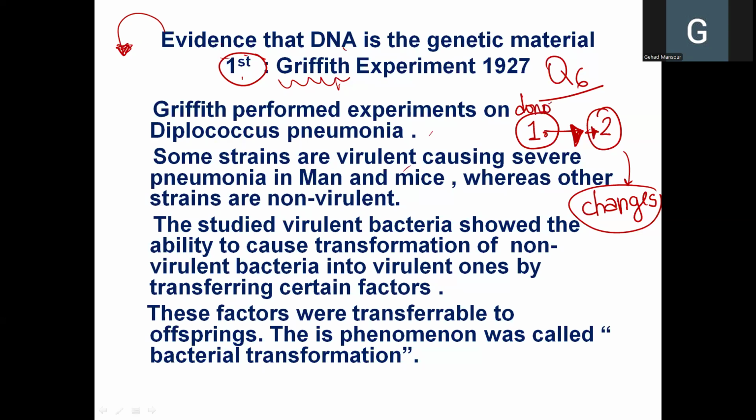This is the donor cell, and this is the recipient cell. The changes that occurred in the recipient cell are called transformation. And the substance that was transferred from cell 1 to cell 2 and caused the change wasn't known at the time. They didn't know that this transforming substance is DNA.